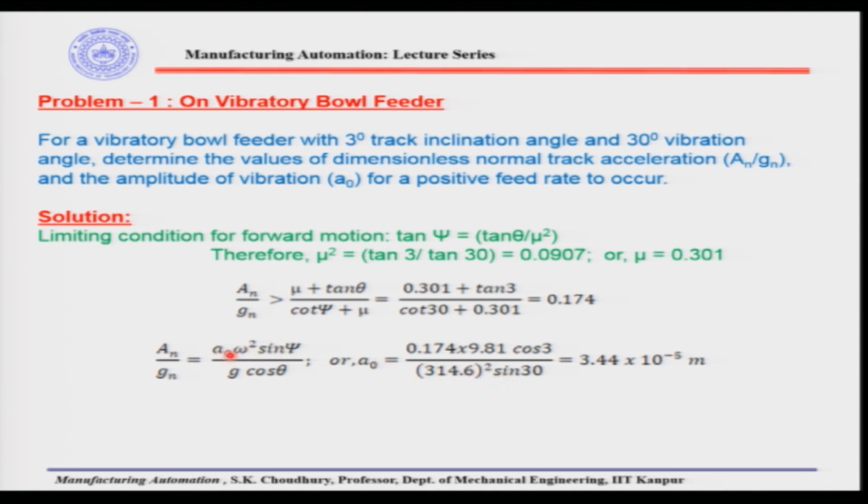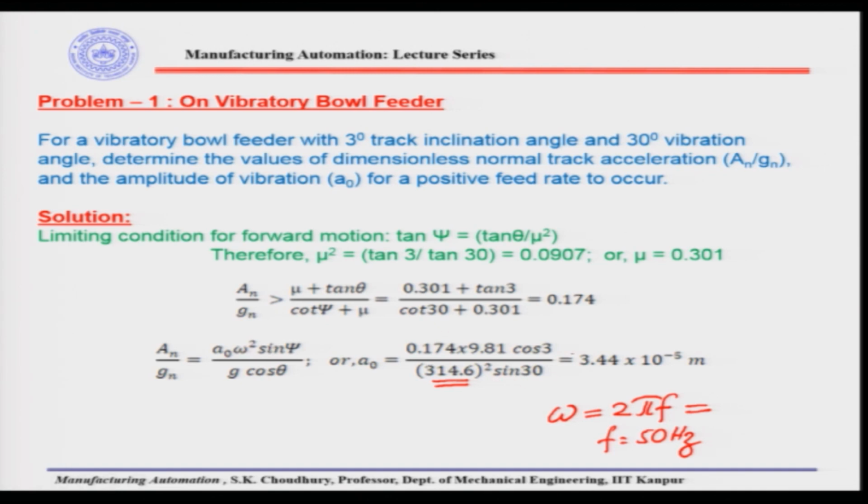Omega is 2 pi f, the angular frequency, if you remember. And f, we know, is 50 hertz in India. Pi is 3.1417. So, we have found that omega is 314.6, and this is omega square.